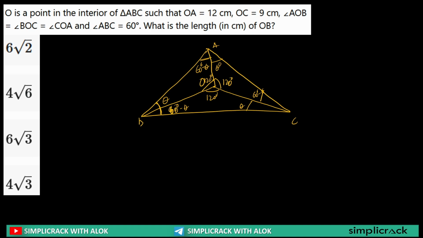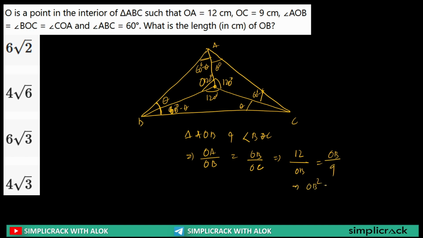Now see, if we analyze similar triangle AOB and triangle BOC, we'll see all the angles are equal. So I can write OA by OB is equal to OB by OC. OA is known as 12, OB is not known, OC is equal to 9.